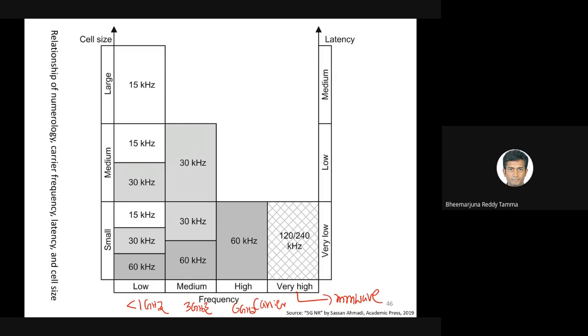The radio frequency, basically the FC, if you recall, the carrier frequency. And the latency is the latency that your applications can get, the traffic latency experienced by your user applications. Traffic delay, you can say.